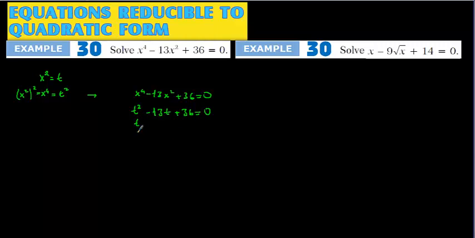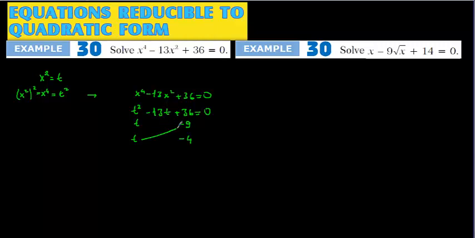This is a quadratic equation now, and the method I'm going to use is factorization. The factors are going to be minus 9 and minus 4, because minus 9 times minus 4 is equal to 36, and minus 9 plus minus 4 is equal to minus 13.